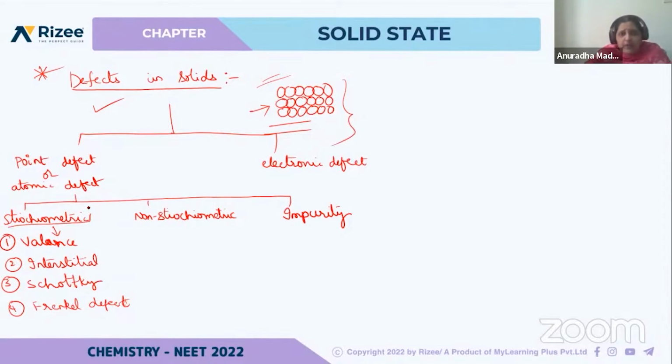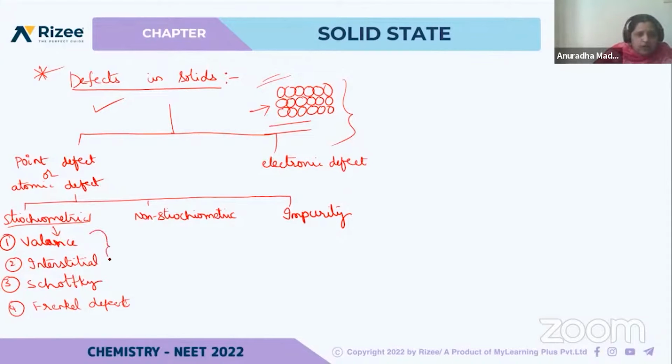So first of all, what do we mean by stoichiometric defect? Stoichiometry means that if we balance any equation, the same numbers are present on both sides, which is the stoichiometric coefficient. That ratio will not change even when a defect arises.